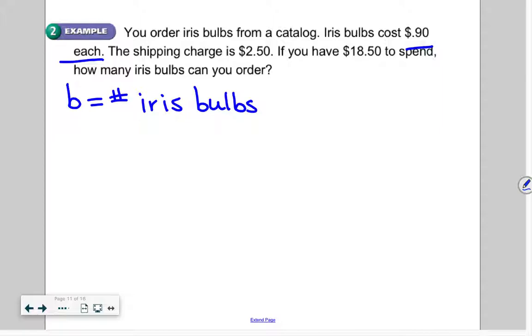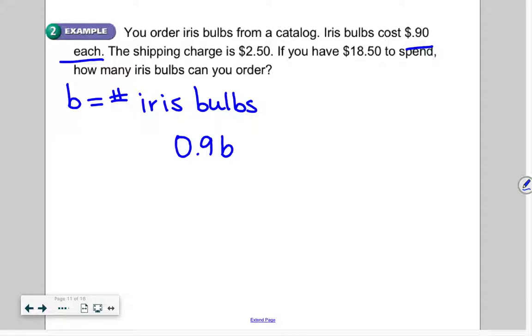In our first sentence, iris bulbs cost 90 cents each. What do we got going on there? 90 cents each. Multiplication. Okay, what is it going to look like? 0.9 times B, 90 cents per bulb.